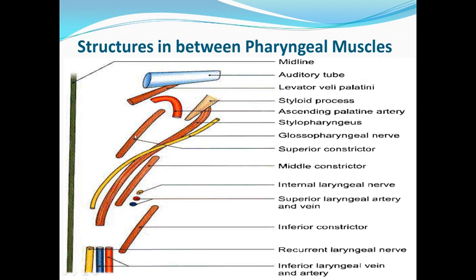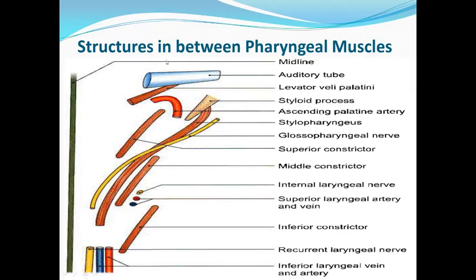First of all, you can imagine this is the base where I'm moving my cursor, labeled as midline. This is the midline, this is the pharyngeal raphe, and here you can consider the pharyngeal tubercle, and this is the base of the skull.